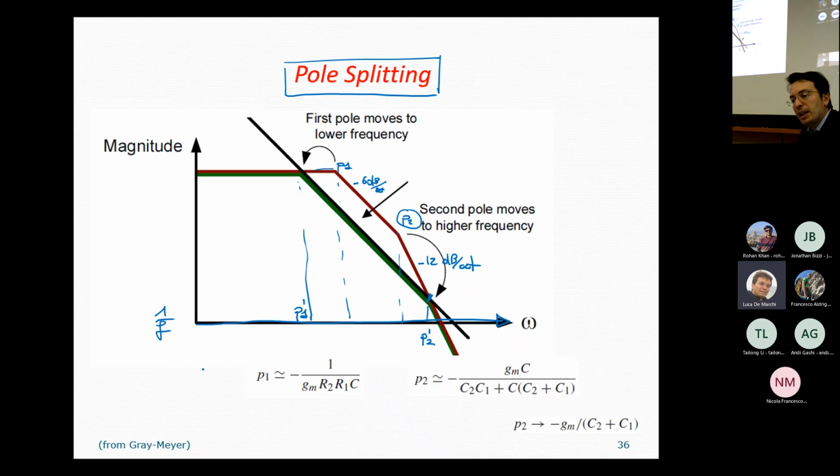So, for example, if A1 is a transfer function which is the one of a single zero, then the phase of A1 is computed as the phase of 1 minus j omega over z.